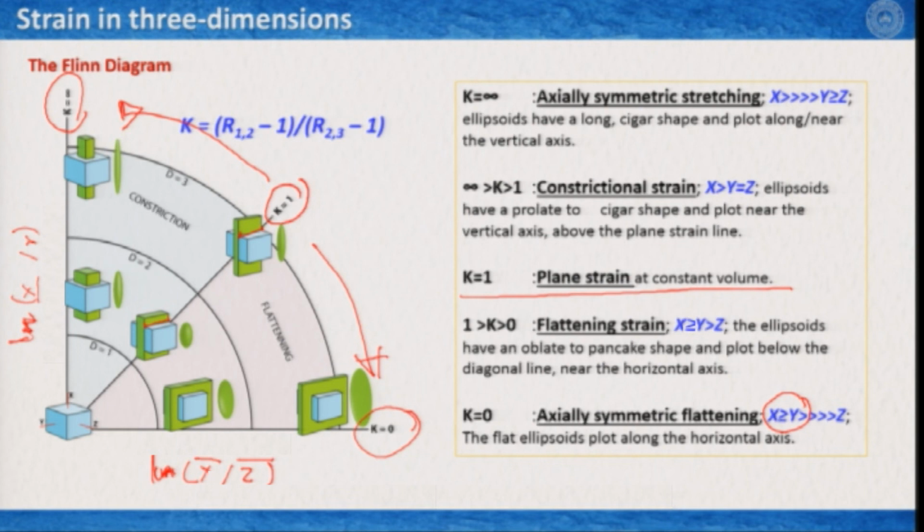Now, considering this idea, you can figure out that if I am in the constriction domain, then the rocks would tend to produce more linear features through deformation, and at k equal to 0, the rocks would tend to produce more flattened or planar fabrics. So, we have now measured the data of these deformed conglomerates.